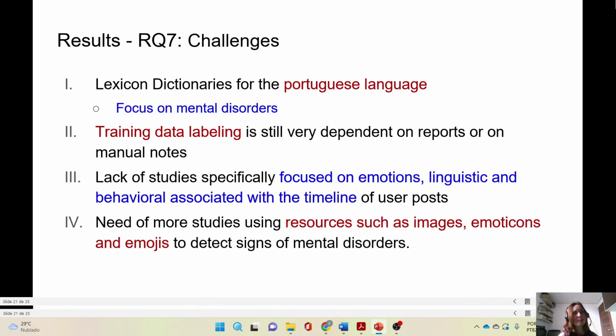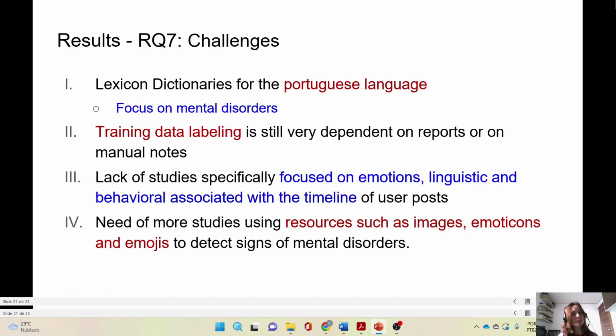Okay, one of the main important questions now, the challenges to be dealt with. We can observe the need of lexicon dictionaries, especially for the Portuguese language, and also focusing on mental disorders, not in a general way. We have observed the need of training data labeling strategies, which are still very dependent on reports or on manual notes.